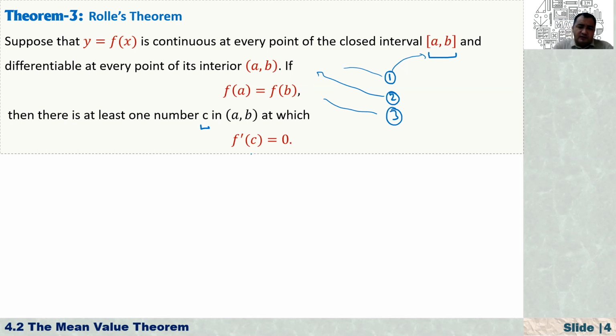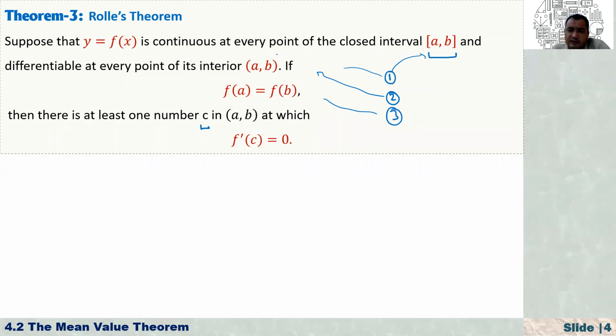Why is this so? The proof is not so complicated, and we are just going to use theorem 1 to prove this. According to theorem 1, if you remember, if the function is continuous, because the first condition says that it must be continuous, what does it mean? Then the function has a global maximum and a global minimum.